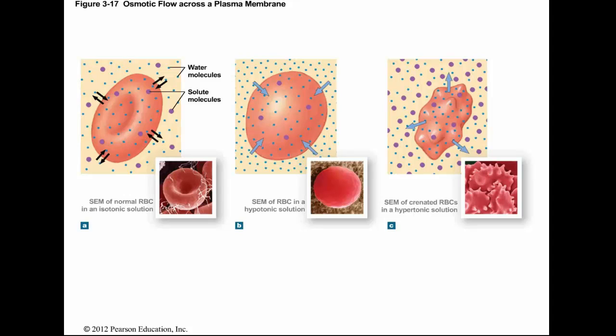On the other hand, if you have a hypertonic solution, where the outside of the cell is higher in solute than the inside of the cell, then water will move outside of the cell. And you can see here that same red blood cell in a hypertonic solution will become crenated. If we look under the microscope, which is what you'll have a chance to do, you will see normal red blood cells, and then you will also see crenated red blood cells.